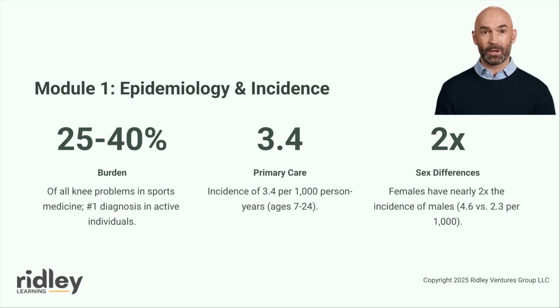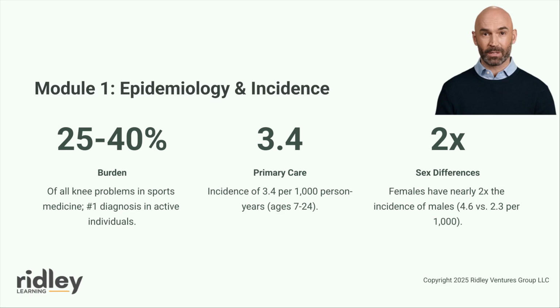A comprehensive retrospective cohort study examining patellofemoral pain in Dutch general practice provides valuable insights into the condition's presentation in primary care. Van Leeuwen and colleagues analyzed data from over 300,000 patients and found a mean incidence of 3.4 per 1,000 person-years among individuals aged 7 to 24 years. This figure translates to approximately 1.4 new cases per year for the average general practitioner, underscoring the frequency with which clinicians encounter this condition.